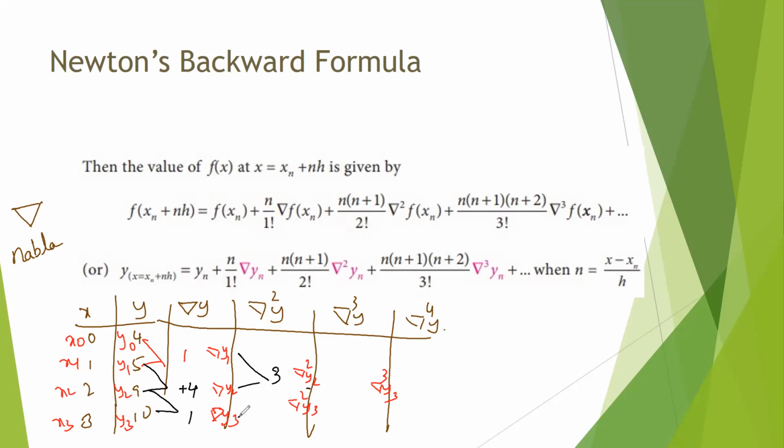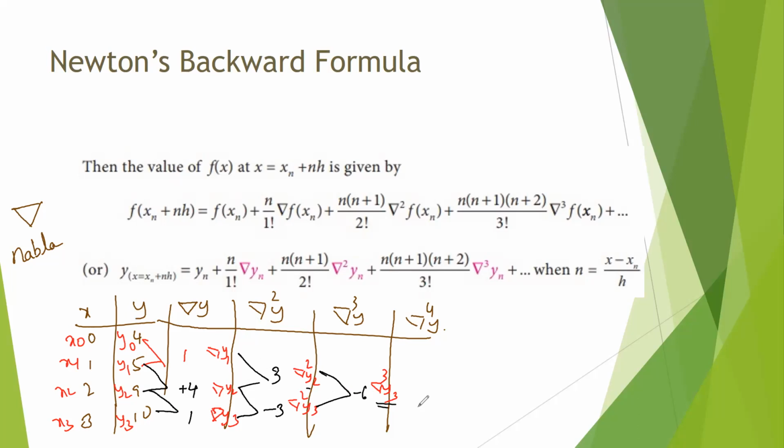Nabla y3 minus nabla y2 is minus 3, that is 1 minus 4. Next, nabla square y3 minus nabla square y2 is minus 6, which is nabla cube y3.